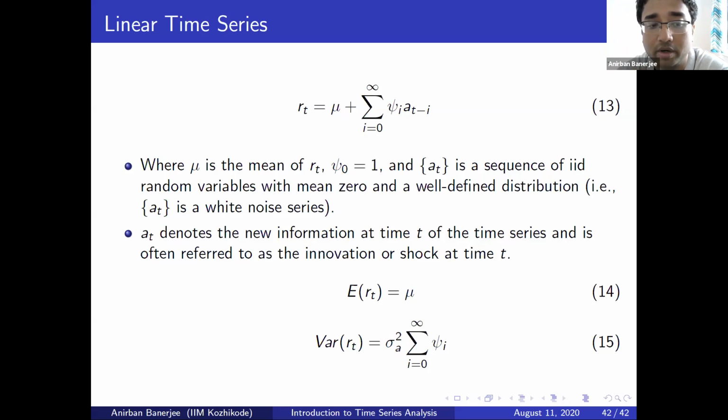What happens in the linear model? This is particularly useful in terms of modeling stock. You can think of RT as the stock price, mu as the drift parameter, the average return, and AT as the new information coming in at time t, which is often referred to as innovation or shock at time t. So in every period there is a fixed term based on the fundamentals, and there is some spike.